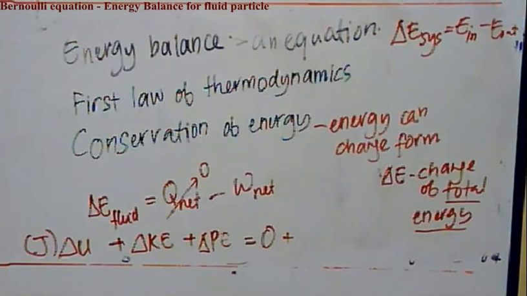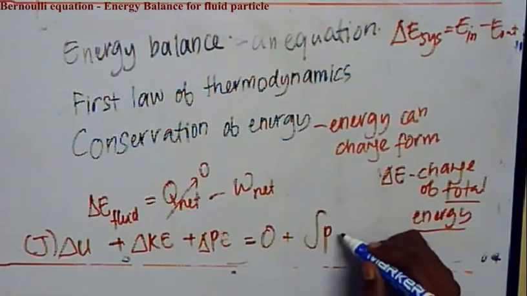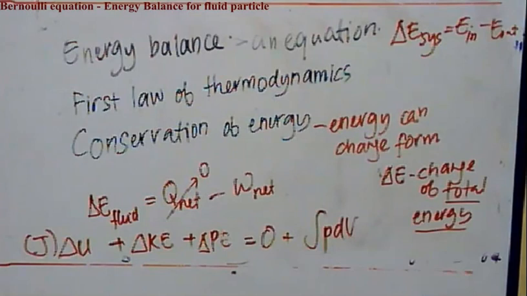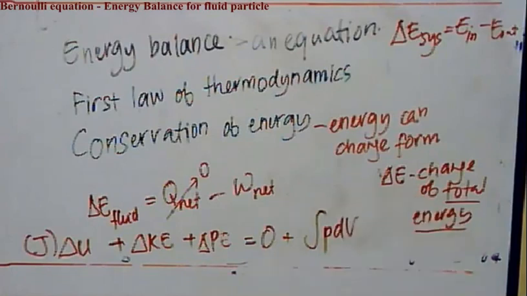That is the expansion of the system, right? So let's say we have P dV, right? So that is the expansion of the system, the work that causes the fluid to expand.